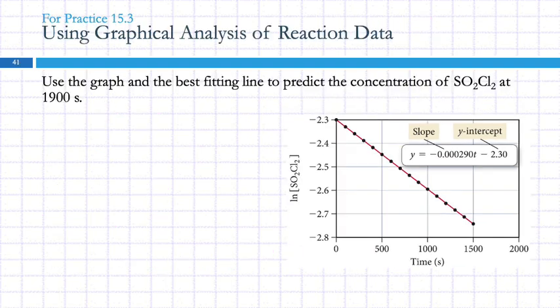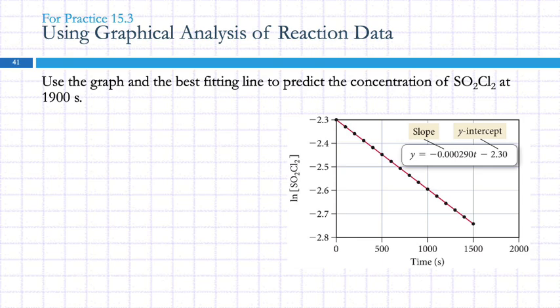So let's use this graph and the best fitting line to predict the concentration of SO2Cl2 at 1900 seconds. We've got this graph, it doesn't go up to 1900 seconds. But we can use the equation of the line to find out what y would be at 1900 seconds.